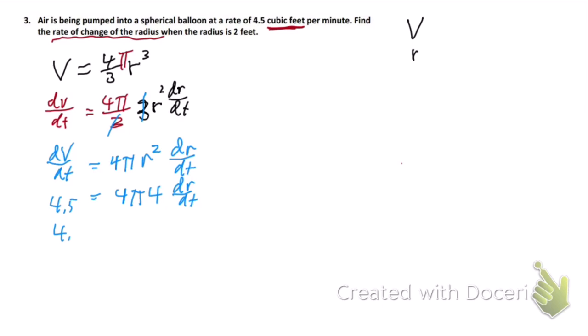So we got 4.5 divided by 16 pi. That's how it changed. And if you didn't want a decimal in the top, 9 over 32 pi. That's better. Leaving out one crummy little number.